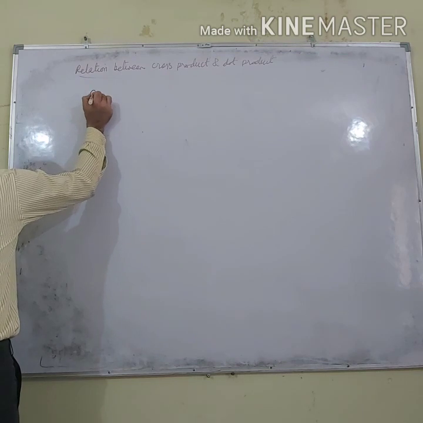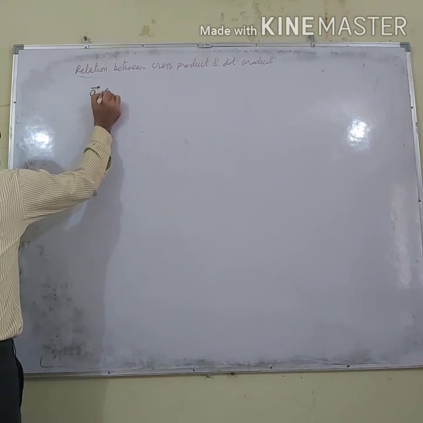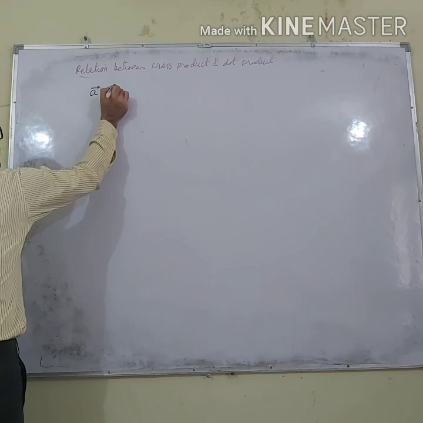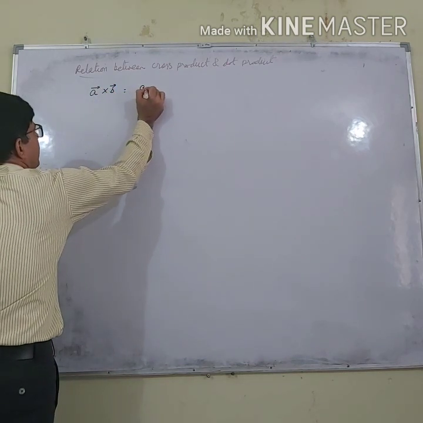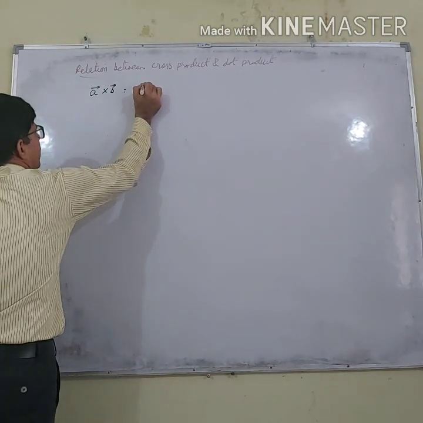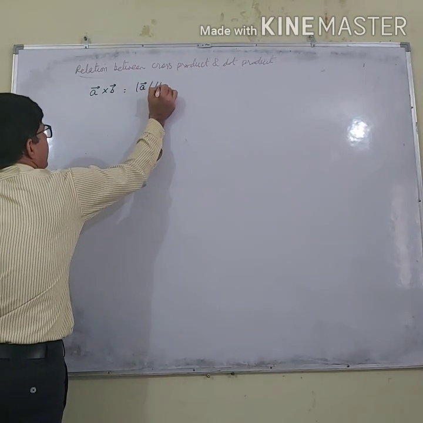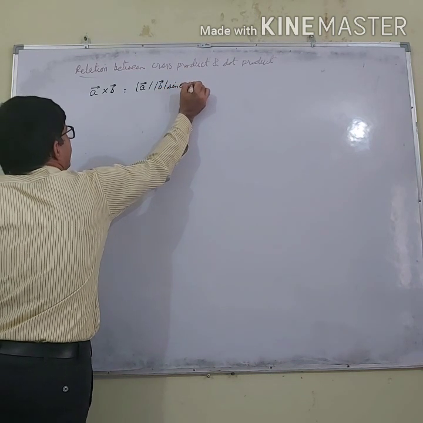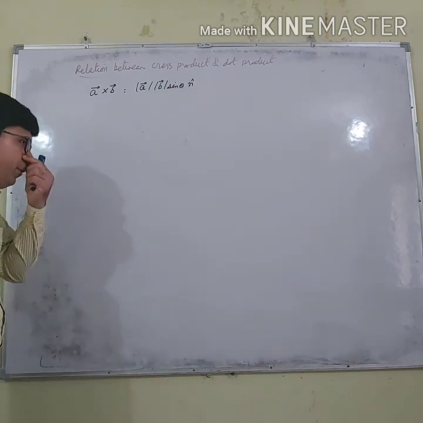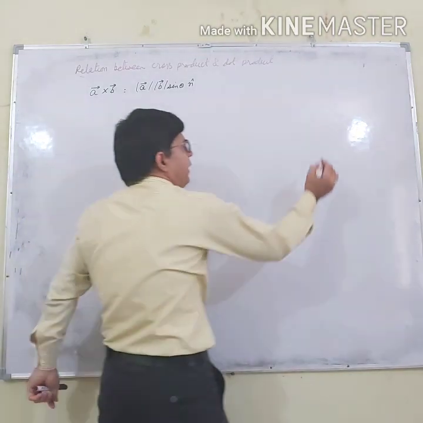Let us say we are having two vectors A and B. A cross B, we know that this is equal to magnitude of A, magnitude of B, sine of angle between them, and a unit vector perpendicular to both A and B.